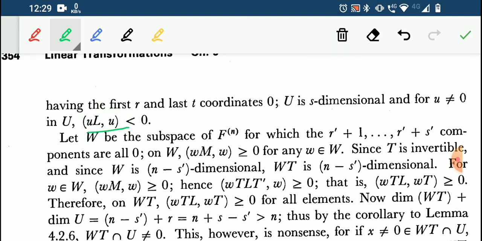So totally this will be a negative number. You can just check how u is constructed, multiply with L, and once again take the dot product with u, and you will get this, which is less than 0.